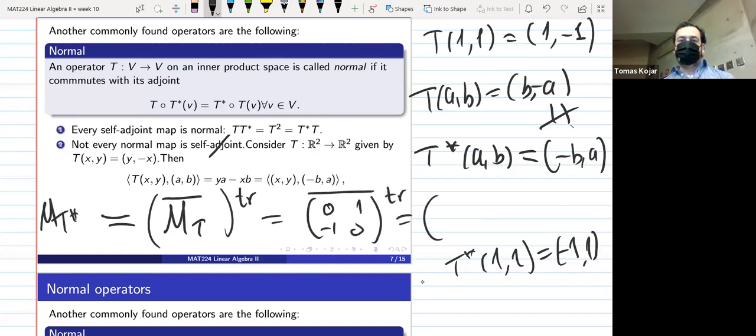It's real, so there's no point for that, but you take the transpose. So you get it like this. Okay, so this is T star. You don't have to do the inner product. So if you can just use this relation, do it. Do not sit down with inner products.